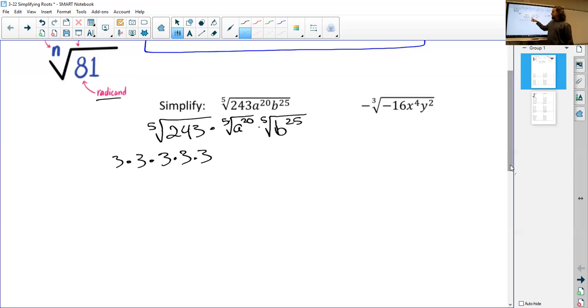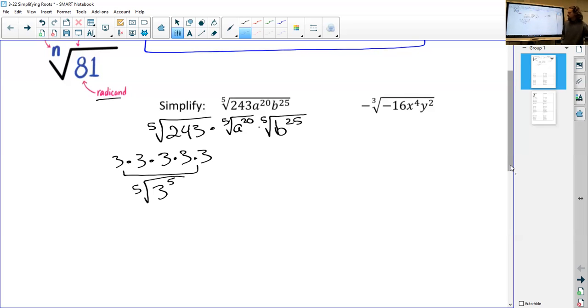So since we have 5 3's here, we can rewrite this as 3 to the 5th. Okay? And then if we put it back into our radical, we have the fifth root of 3 to the 5th. If our index matches the exponent on the inside, then we know those are going to cancel out.